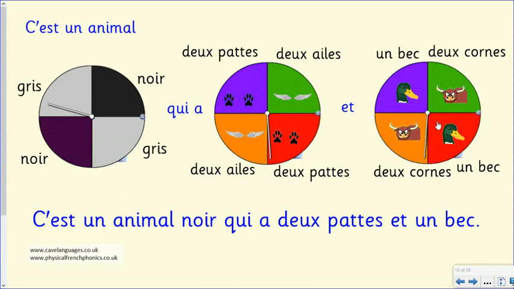If you got that, say champion. If you haven't got a chance to say champion, then maybe this last go. Here we go for your third sentence. C'est un animal gris qui a 2 pattes et 2 cornes. Were you champion in that one?